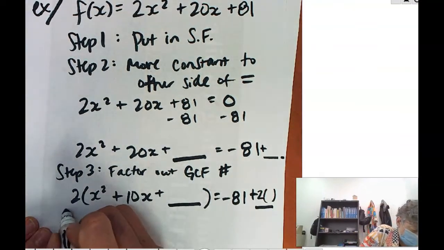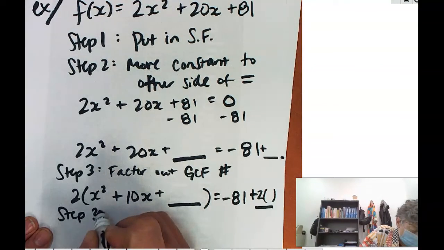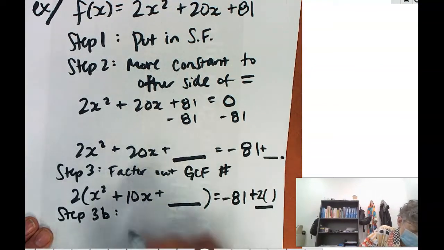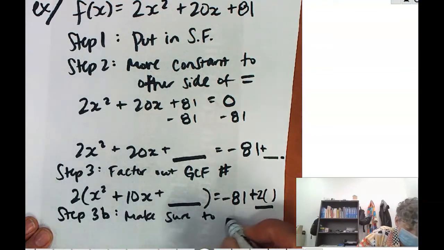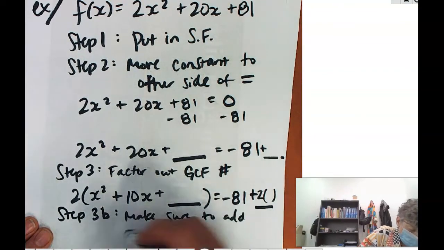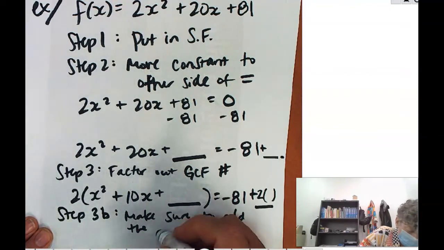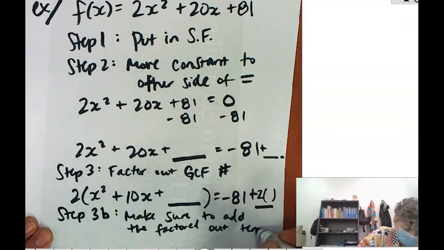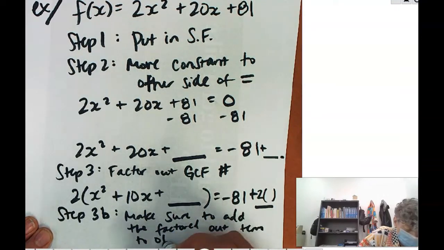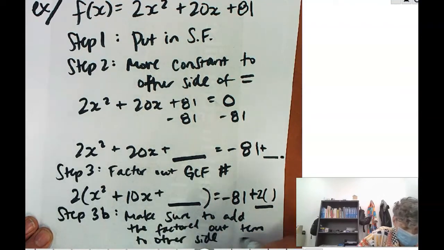So let's put that as step 3b. Make sure to add the factored out term to other side as well.